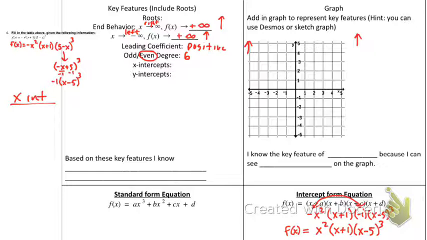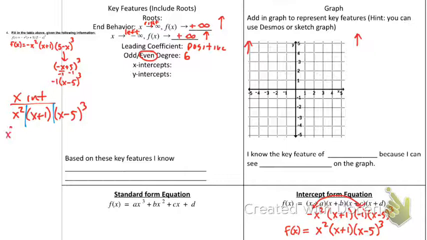So we're going to take our final intercept form or factors form, which is going to be x squared, parentheses x plus 1, parentheses x minus 5 to the third. And we're going to solve this out. Okay? And what I mean by that, to find your x-intercepts, we split these, set them equal to 0.